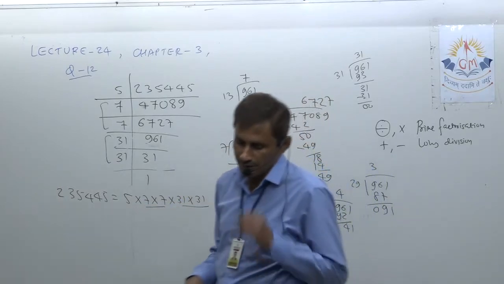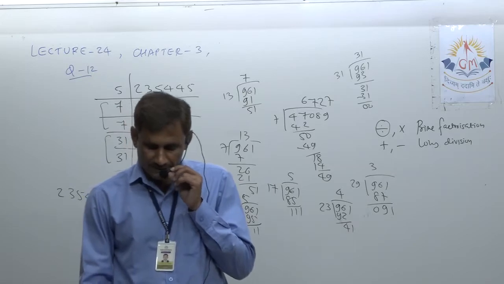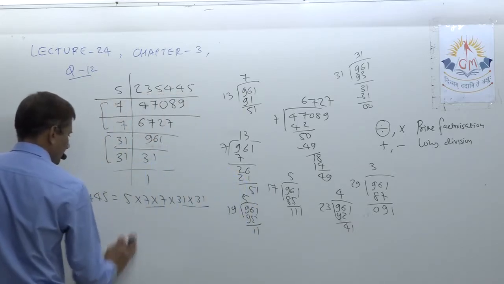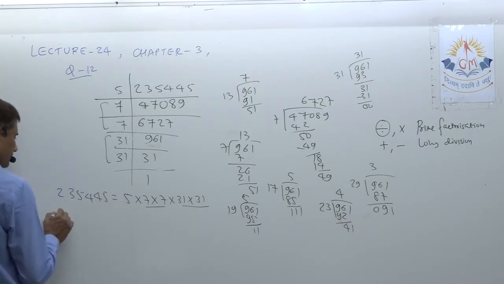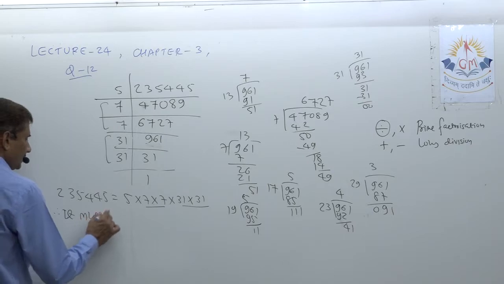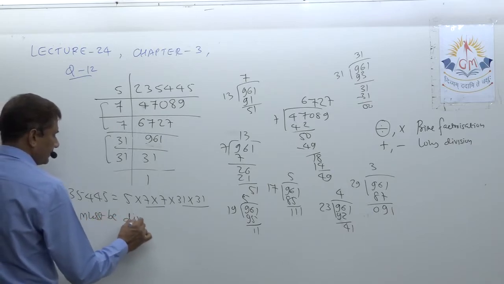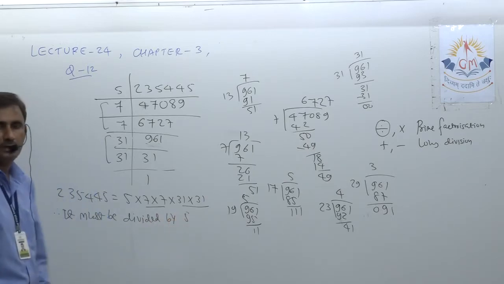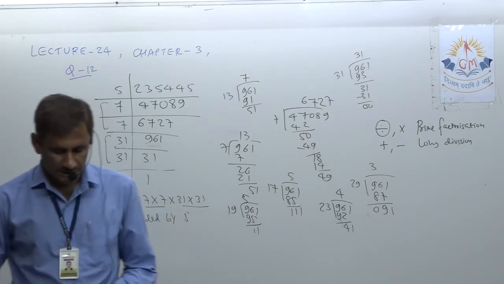Understood? But now they are asking us for division only. So we can say that the number should be divisible by that. So write down, therefore it must be divided by 5. Okay. So first answer we got.